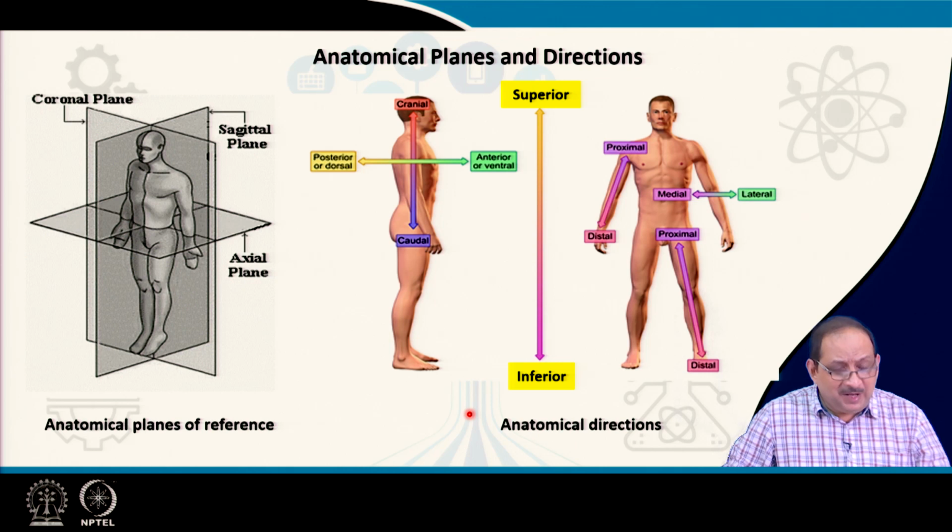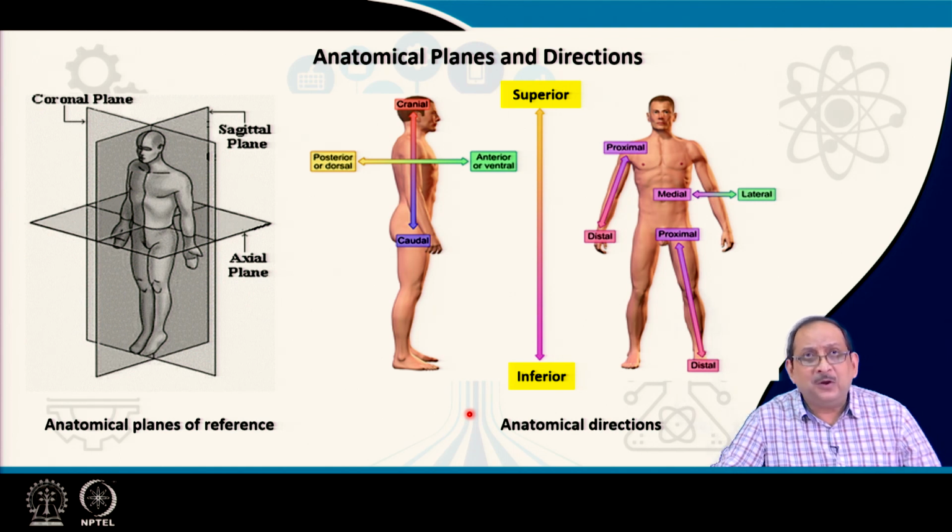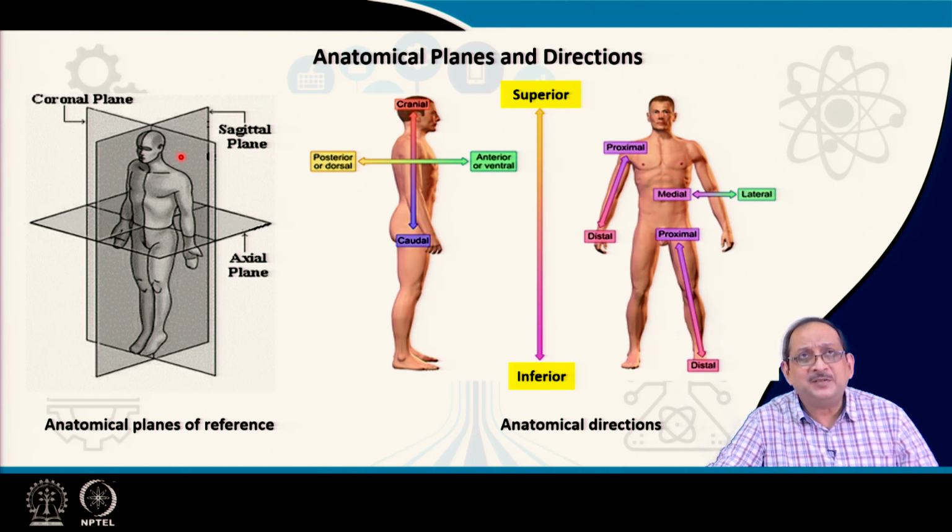Now, in order to describe the position and orientation of a structure in space, it is important to define the anatomical planes of reference and some anatomical directions. On the left, we can see three mutually perpendicular planes defined as the coronal plane, the sagittal plane, and the axial transverse plane.